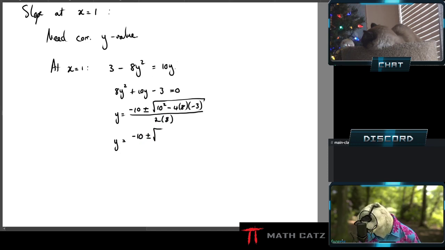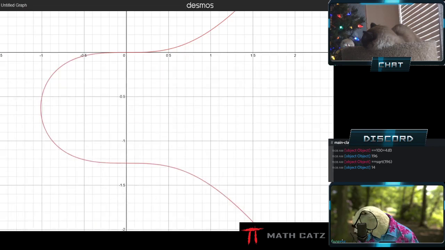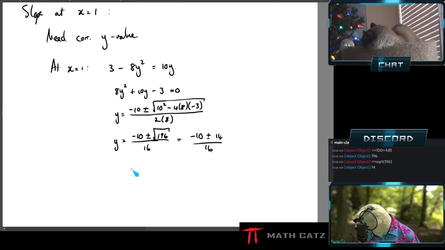It's 100 plus 4 times 8 times 3. 196. Ooh, 196. Is that 14 squared? Square root of 196. That is 16. Oops, sorry. So that is negative 10 plus or minus 14 over 16. Oh, that's nice and convenient. I just randomly picked this one. Wow, it's nice. Good job, me.